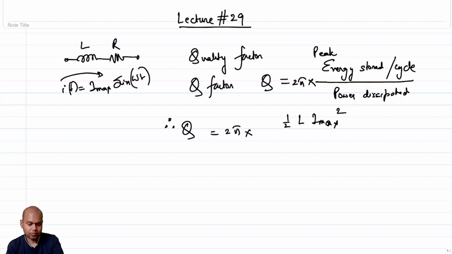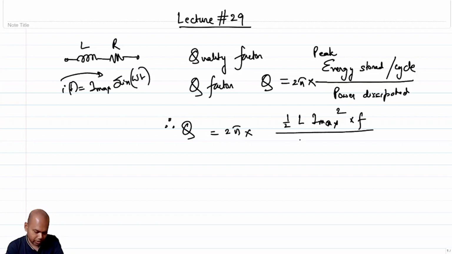So this is half L times I max squared per cycle, right? Which essentially means I have to divide by the time period, or multiply by f, divided by the power dissipated. Now what is the power dissipated? It's basically current going through R, so it is I max sine omega t.